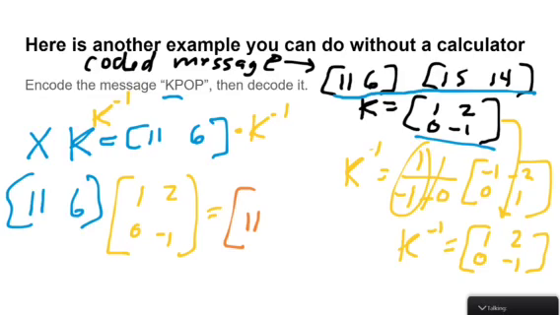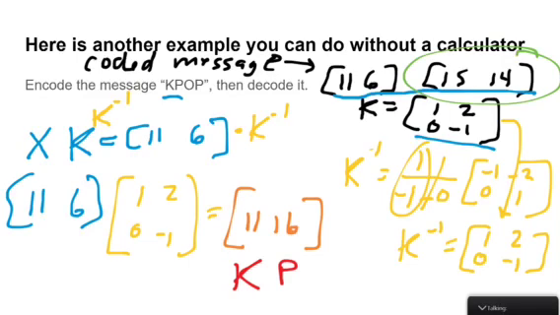And then 11 times 2, which is 22, minus 6, which is 16. And if you look at the alphabet, the 11th letter in the alphabet is K, and the 16th letter in the alphabet is P. And you would do the same thing for the second part of the message.